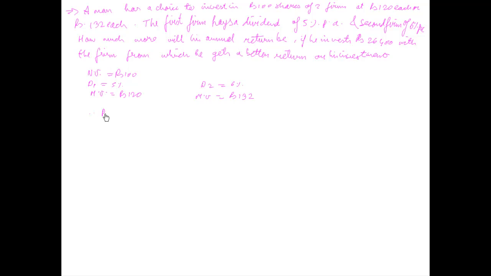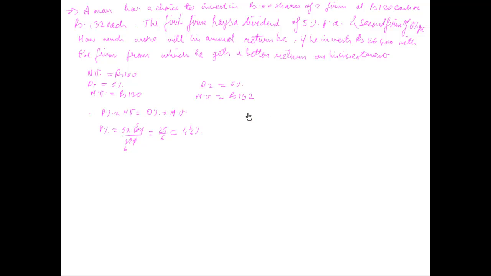Profit percent into market value is equal to dividend percent into nominal value. So profit percent is 5 into 100 upon 120. Cancels 5, 6 to give us 25 by 6, which is 4 1/6%.